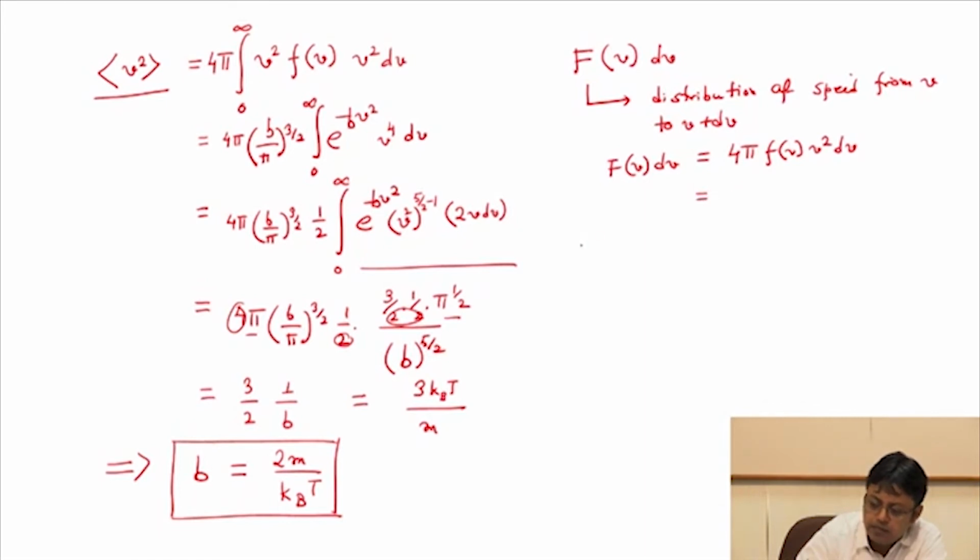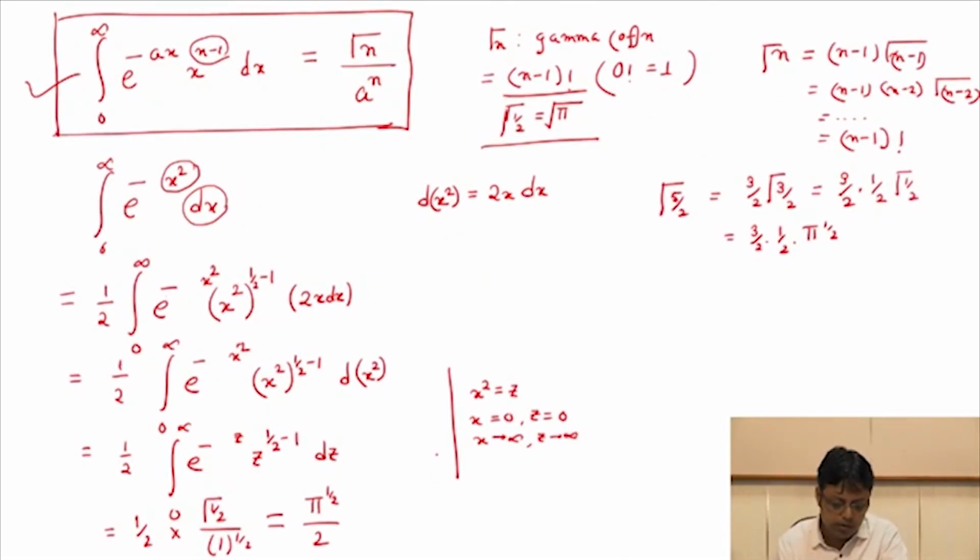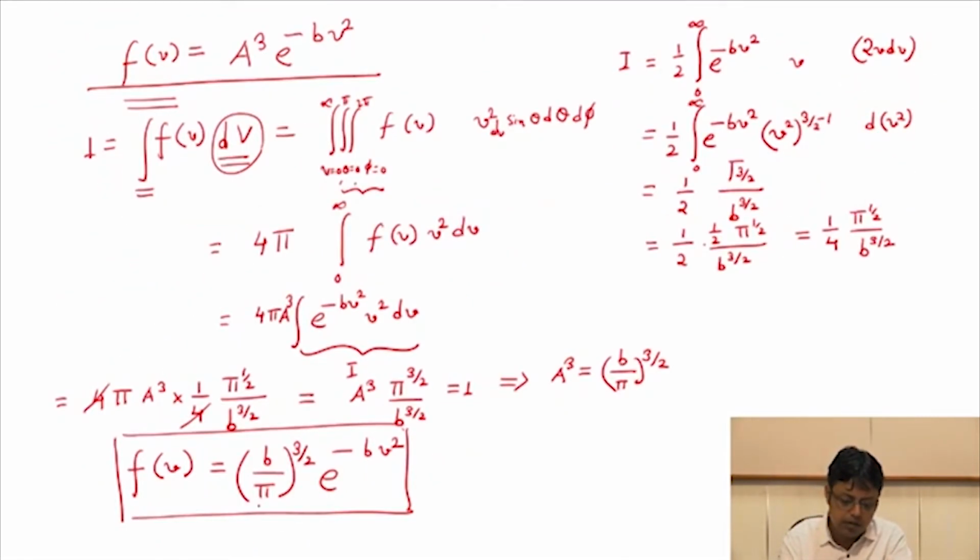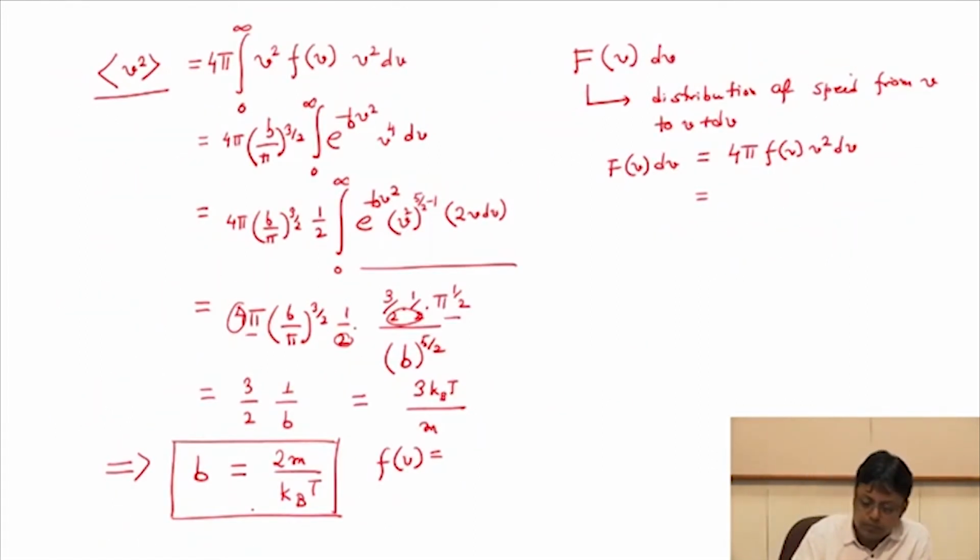What was f of v? F of v was a cube, but a we wrote in terms of b already. So we found that it is b by pi to the power 3 by 2. Now b is, just 1 minute, b will be m by 2 kBT.